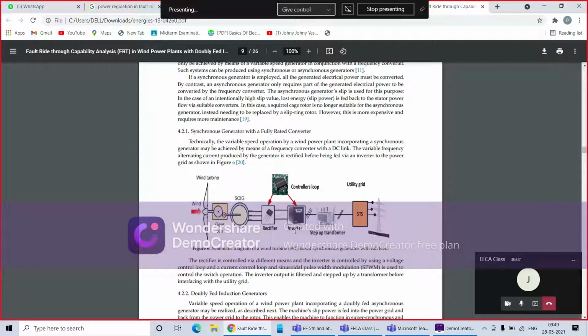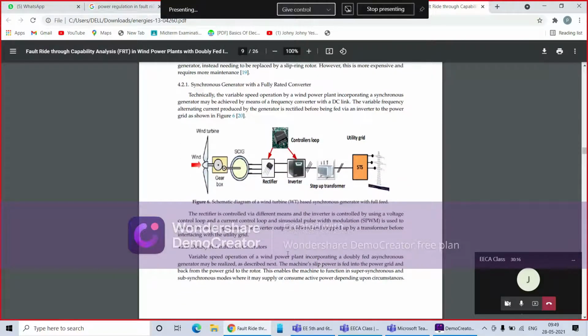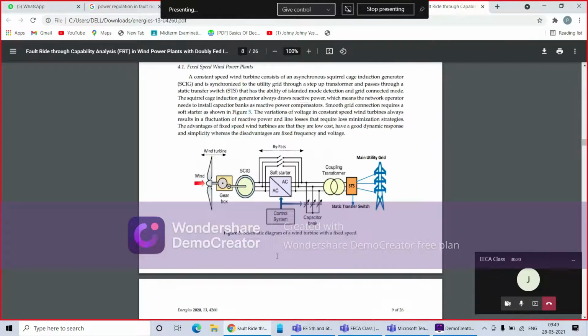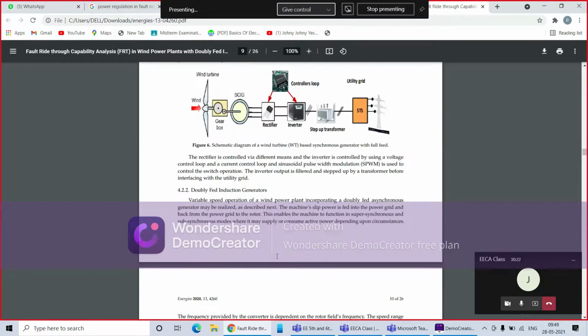This generator will produce variable frequency alternating current, which was not the case in your fixed speed power plant. So that was about fully fed.